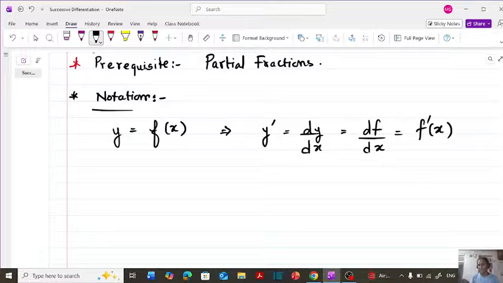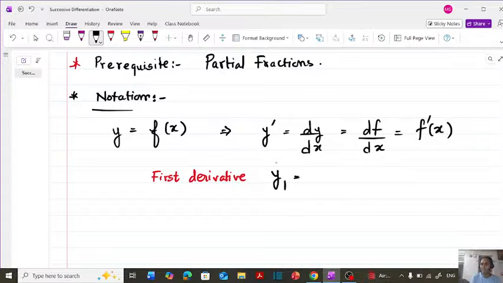All these notations are now going to get converted like this. When the first derivative is taken, it is going to be denoted by y1.